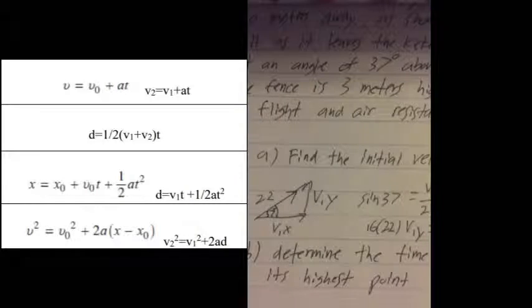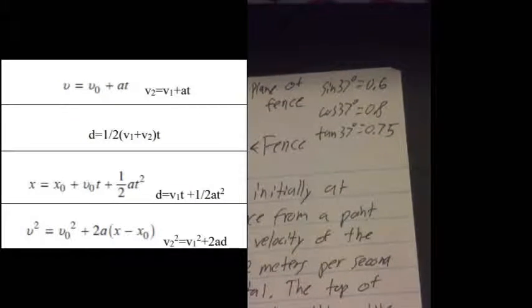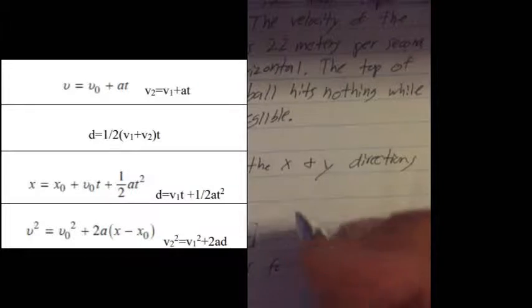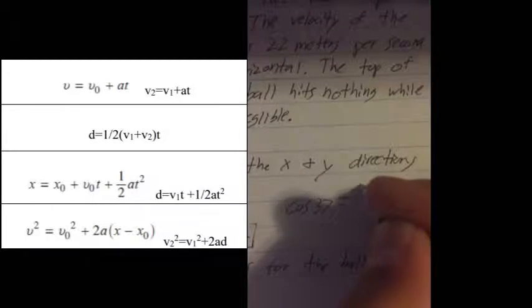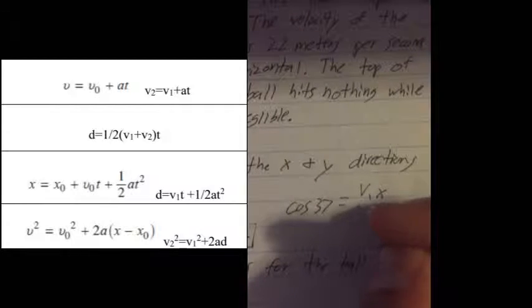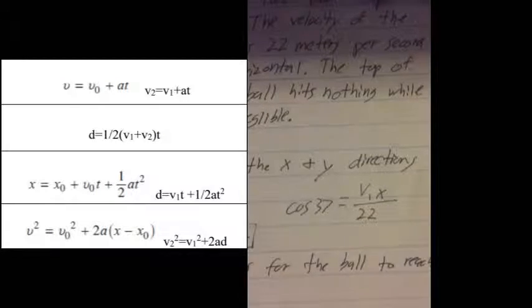Next, they want us to find the x velocity. So the x velocity, as you can see from the picture, is the adjacent side to the hypotenuse. So we need to use the cosine trig function, which is equal to 0.8 up here. So we write out cosine 37 is equal to the velocity in the x direction over the 22 meters per second.